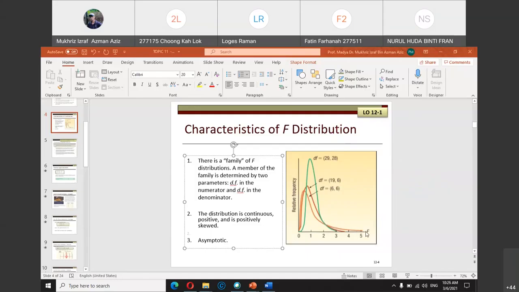So this is the main characteristic of an F distribution, and of course it is asymptotic. Asymptotic means the curve will not cut the x-axis. It will just go on and on to infinity, meaning this line will never cut the x-axis. So that is asymptotic.